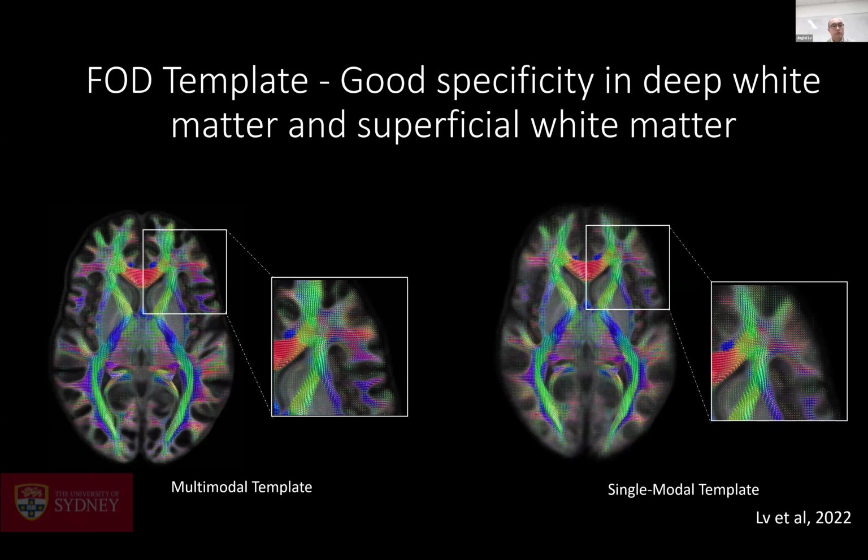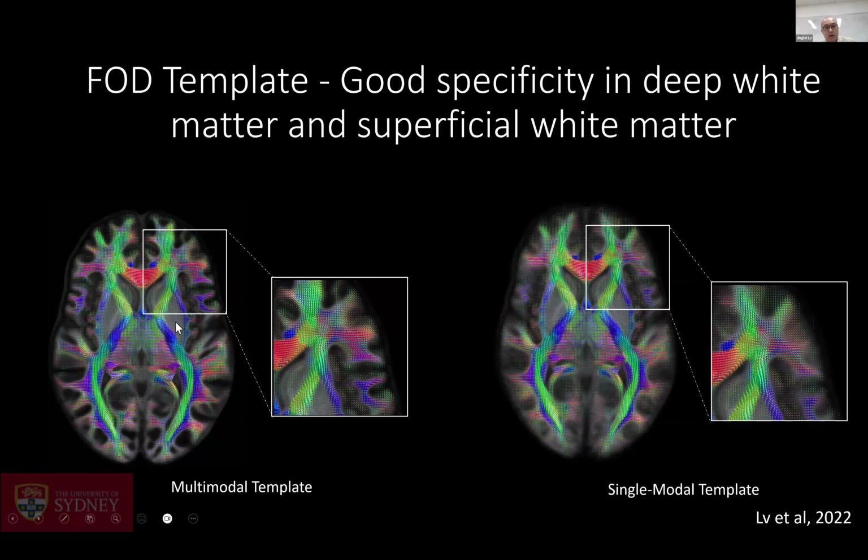Next, we're going to look at the FOD template, because we believe the FOD template has the most rich information about the diffusion component. On the left, we have the multimodal template, and on the right, we have the single modal template. As we can see, our multimodal template provides good specificity in both deep white matter and the superficial white matter.